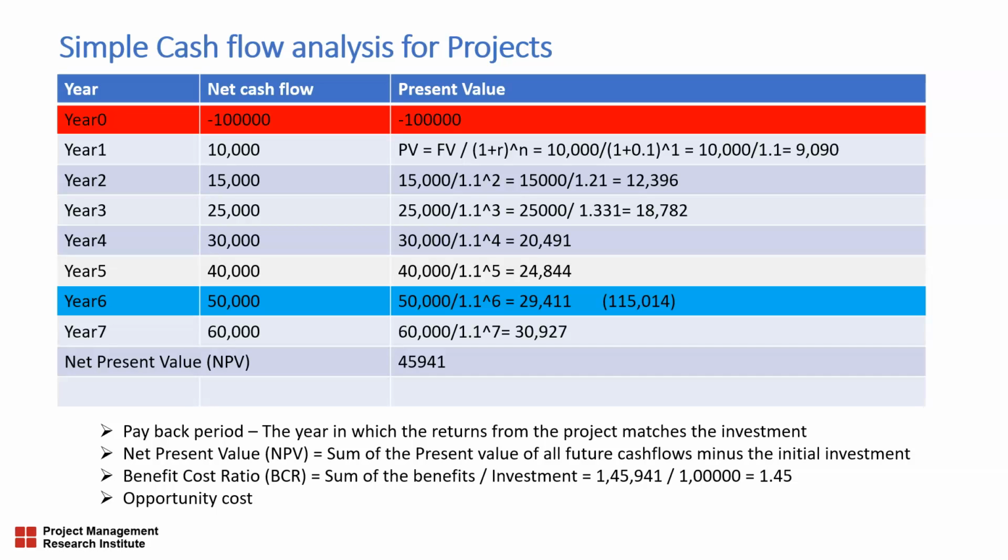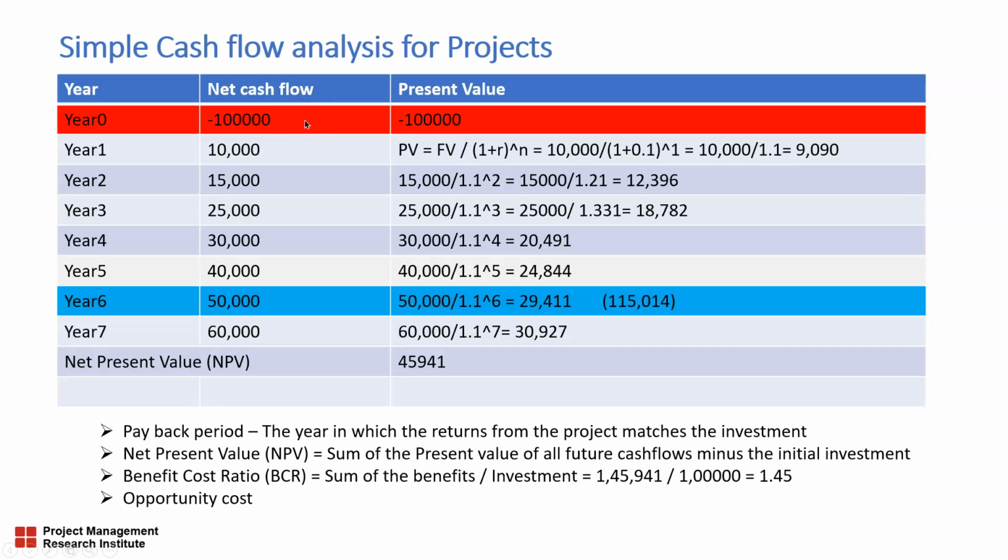And there is a factor of inflation and stuff like that. So the purchasing power of $1 today can be much lower than the purchasing power of $1 after some years or in the future. So present value is the value of the future cash flow converted into the present value.